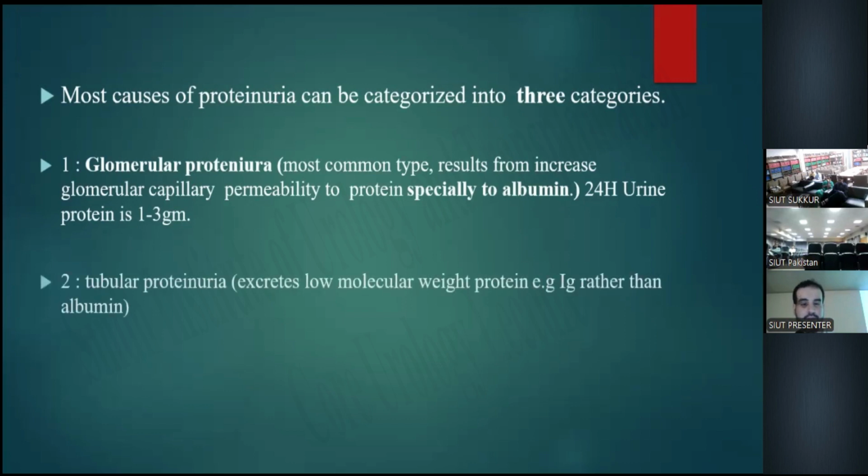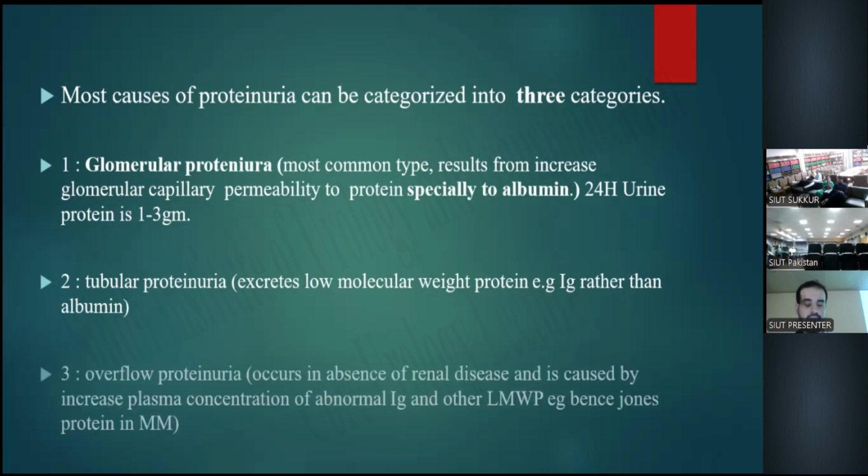The other one is tubular proteinuria, which excretes low molecular weight proteins, for example immunoglobulin light chains, rather than albumin. The other type is overflow proteinuria, which occurs in the absence of renal disease and is caused by increased plasma concentration of abnormal immunoglobulin and low molecular weight proteins, e.g. Bence Jones proteins in multiple myeloma.